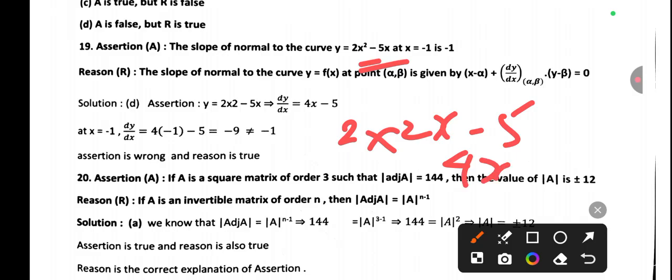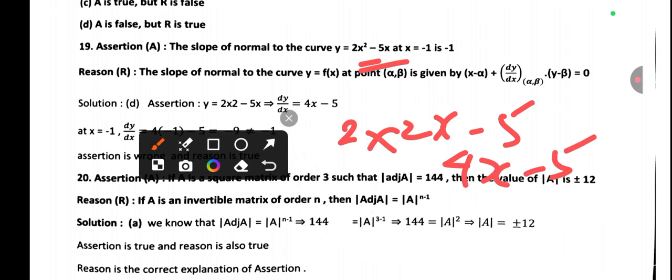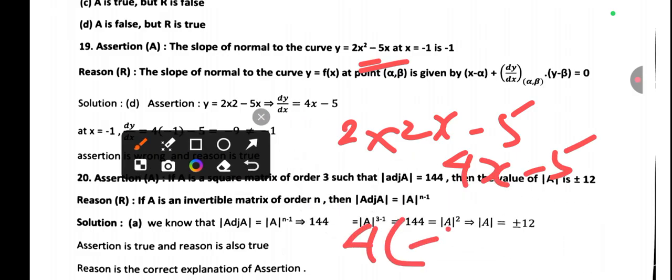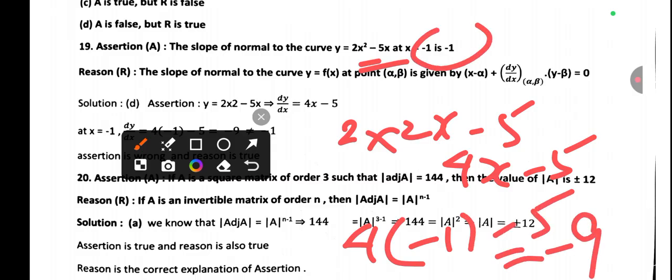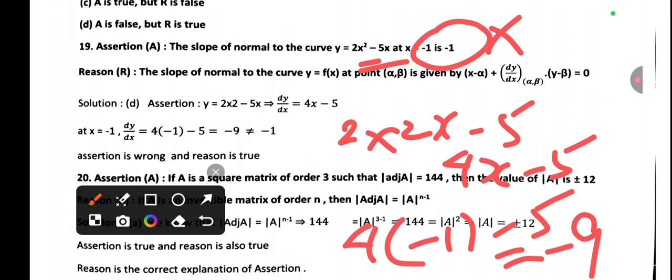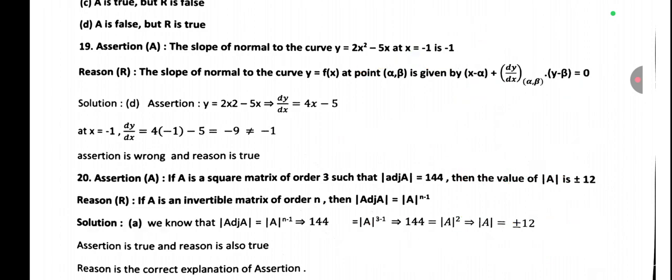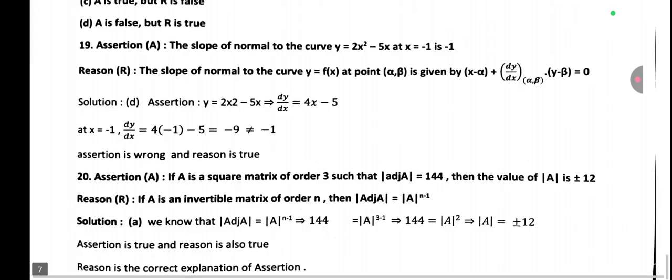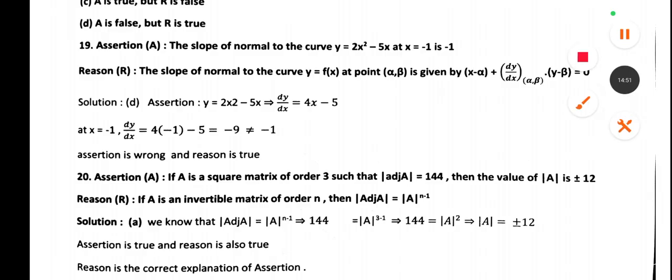So when we apply x equal to minus 1, 4 into minus 1 minus 5, I am getting the answer minus 9, not minus 1. So the assertion is false. Now we can easily go on. Anyway, we are checking the reason. The reason is true. Check once. Next time the assertion can be correct and the reason also correct. So check the reason, slope of the normal formula is correct.